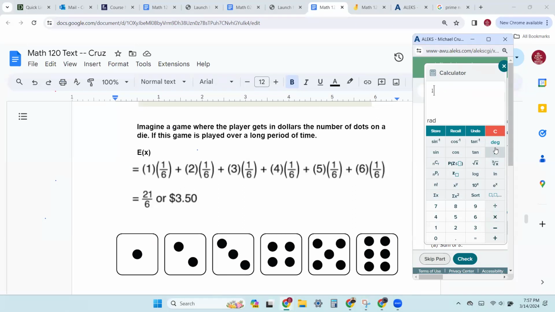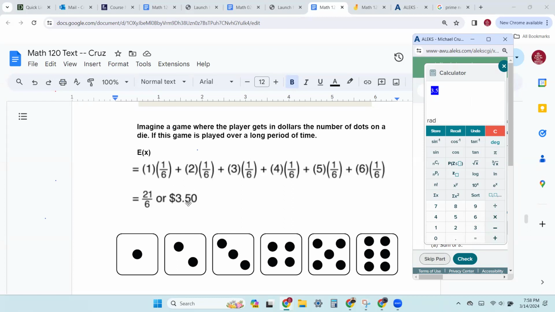So 1 times 1/6 plus 2 times 1/6 plus 3 times 1/6 plus 4 times 1/6 plus 5 times 1/6 plus 6 times 1/6. That's going to give us 3.5. So that's where that comes out.